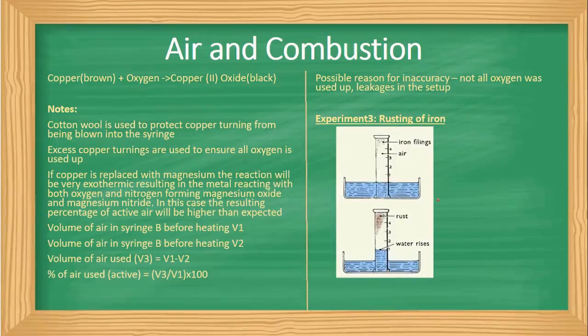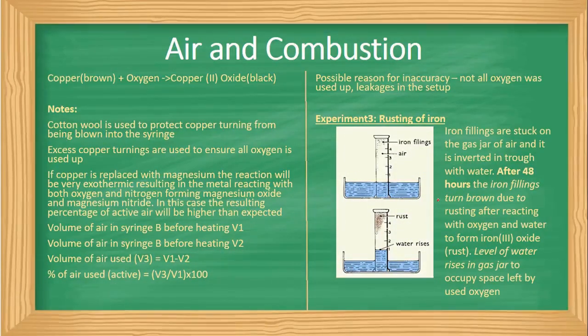In this experiment, what happens is that you wet the gas jar at the bottom, then you sprinkle some iron filings there, and then you invert the gas jar in the water, in a water trough. So what happens after 48 hours is that the iron filings will turn brown due to rusting. Of course, they will have reacted with oxygen and water to form rust, which is what we call iron 3 oxide.